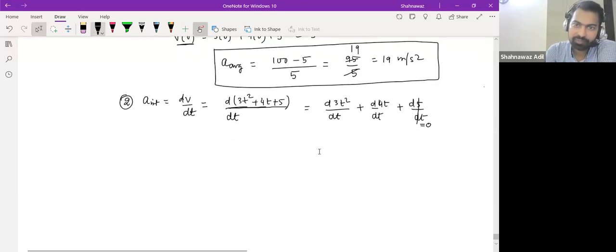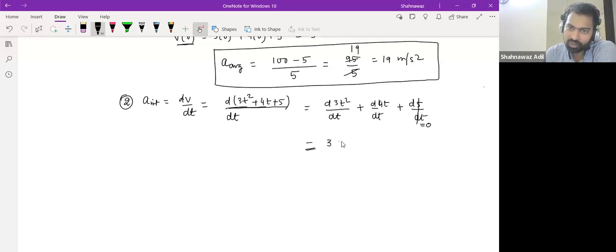The constant term goes outside, so 3 dt square by dt plus 4 dt by dt. dt by dt is one. What would be the differentiation of t square?